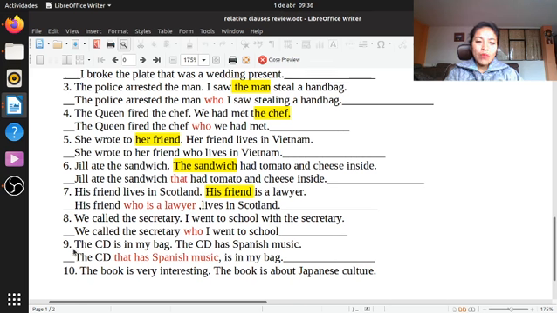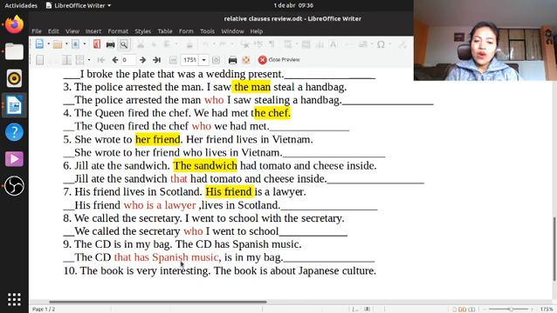Okay, number 9. Here is the same case of number 7, right? The CD in my bag is in my bag, right? The CD has Spanish music, right? Okay. Then we have the CD that has a Spanish music, the extra information, is in my bag.